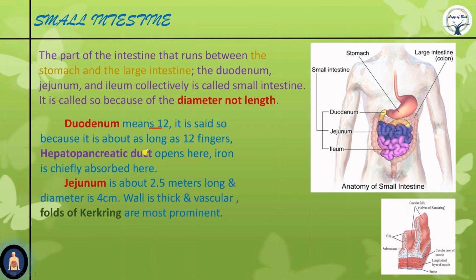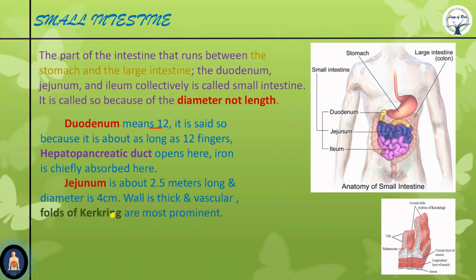So the next part is the jejunum. See this dark purple one, this is the jejunum. It is about 2.5 meters long, and the main thing to remember is it is thick and highly vascular. Highly vascular means its walls have more blood vessels, and folds of Kerckring are most prominent.